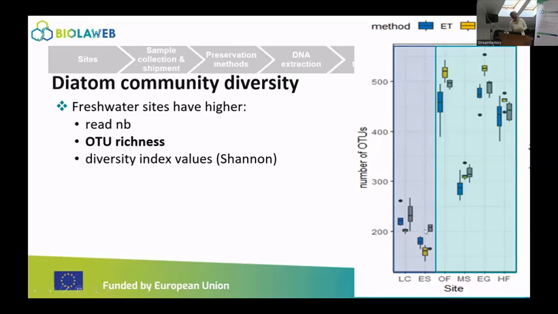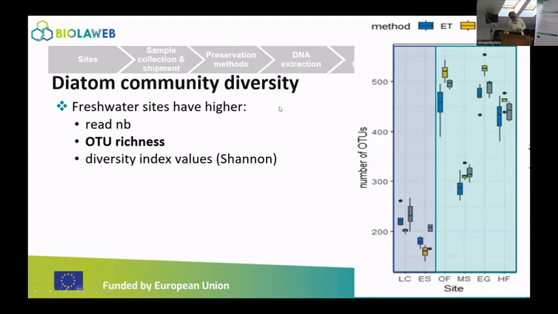And you can see that, in fact, there is no real difference for marine samples, whatever the sampling preservation. Also for freshwater samples, in each sample there are no obvious differences in diversity, whatever the preservation method.